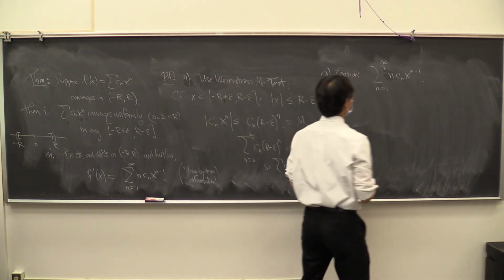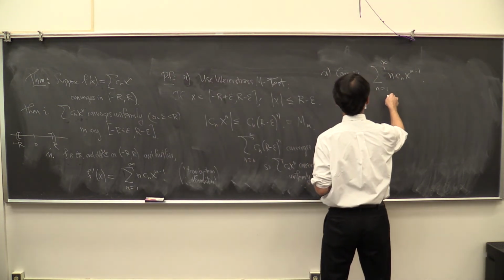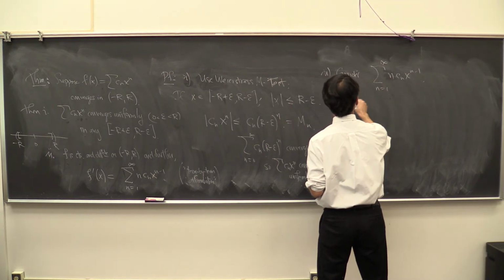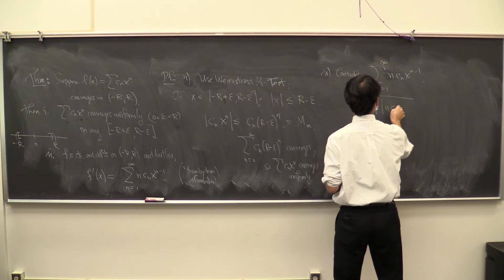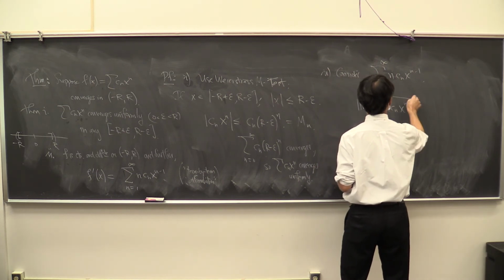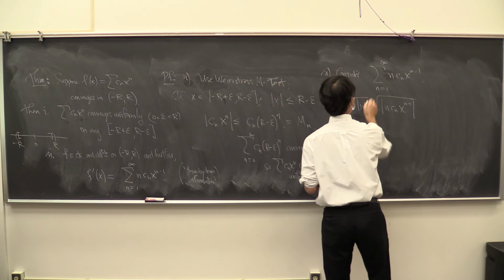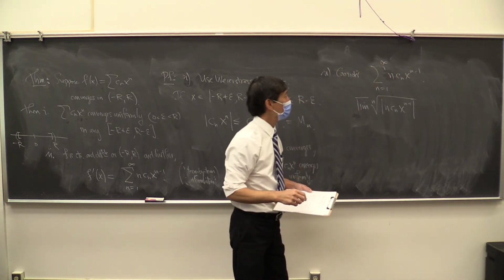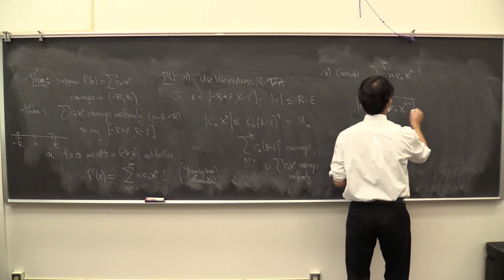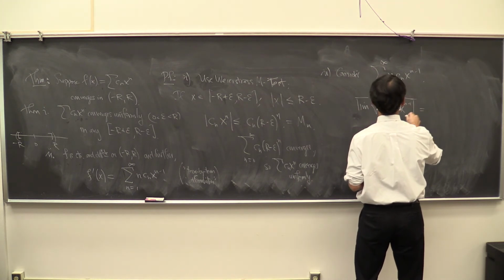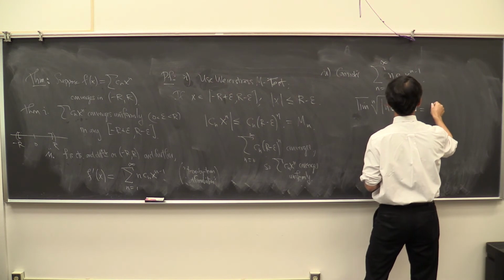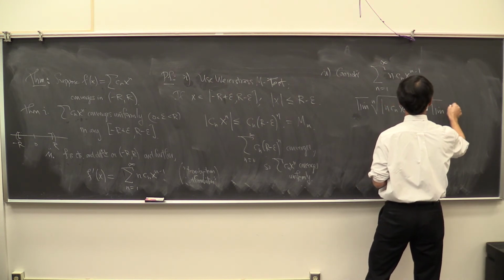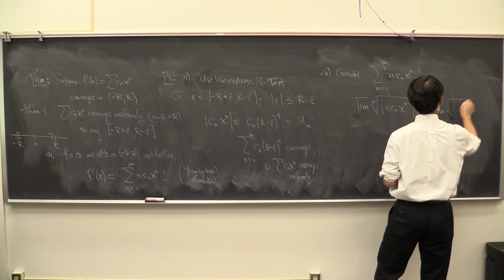If we think about its radius of convergence, we're going to take the lim sup of the nth root of the absolute value of n c_n x^(n-1) as n goes to infinity. But you see that that's going to be the same thing as the lim sup of the nth root of |c_n x^n|.